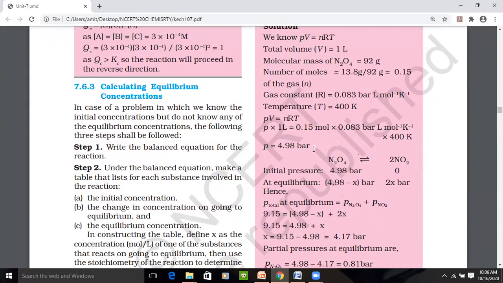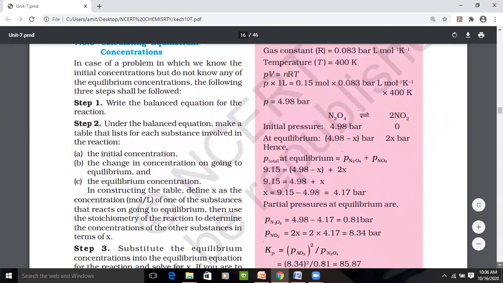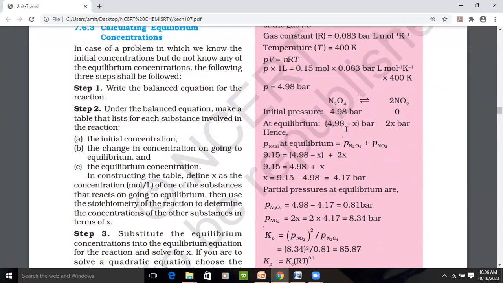Next, if we talk about the initial pressure and equilibrium pressure, how do we calculate the partial pressure? So initial pressure is 4.98, which we have just calculated, and the initial pressure of NO2 is 0. Why? Because initially we only have the reactant. N2O4 was there, no NO2 was there. So the initial pressure of NO2 will be 0.